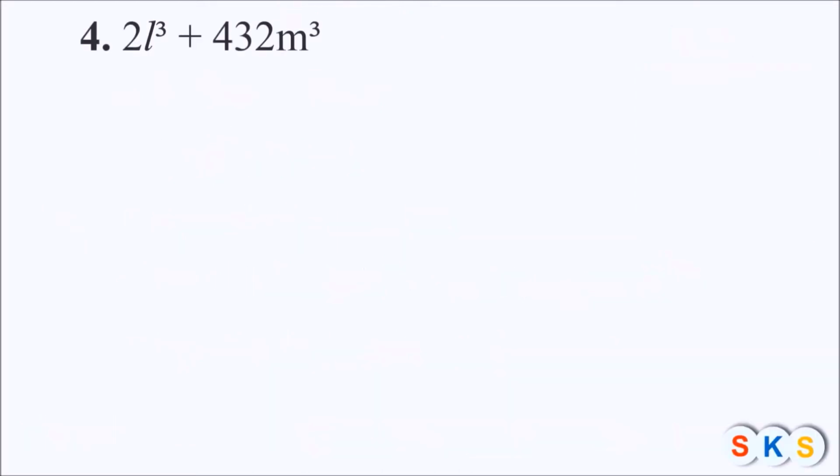Here we have question number 4: 2l raised to 3 plus 432m raised to 3. You can see the first term is 2l raised to 3, and 2 is not a cube of any number. Similarly, the second term is 432m raised to 3, and 432 is also not a cube of any number.